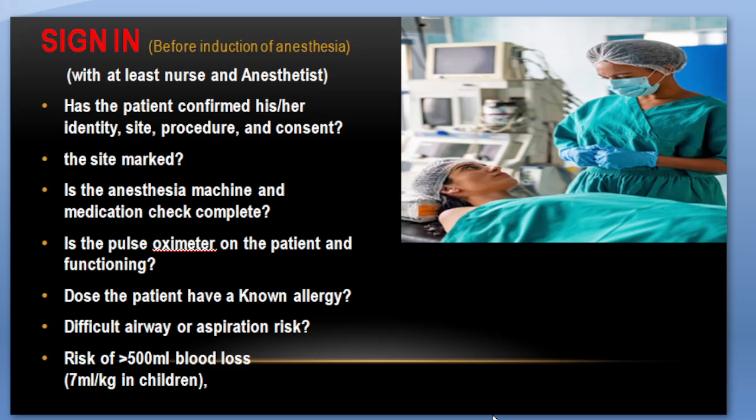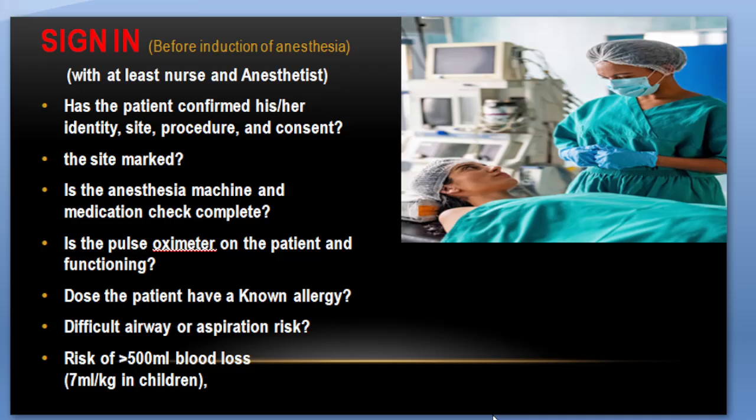That we should ask. If the anesthetist says yes, the patient has a difficult airway as well as aspiration risk, in that condition we have to confirm whether the required equipment is available to overcome that risk of aspiration as well as the difficult airway.